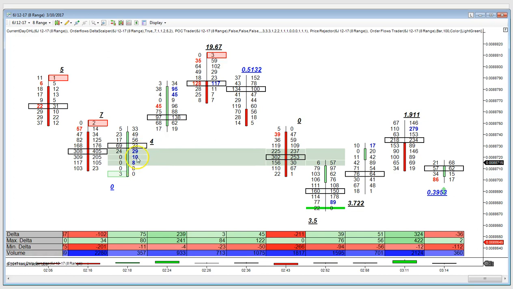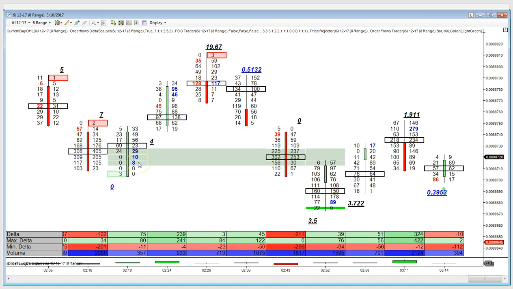If I had this one set at 50, these imbalances would not have shown up. I have this one set at 1. So actually, if it's 0 against 1, it'll show up because it's 0 against 1. That's just the way the computer program reads it. But 0 against 8, 0 against 10, 0 against 29, to me, that's too light to have a nice stacked imbalance.